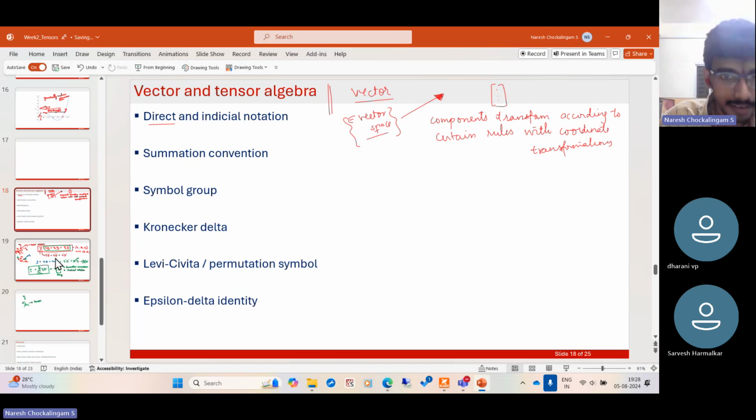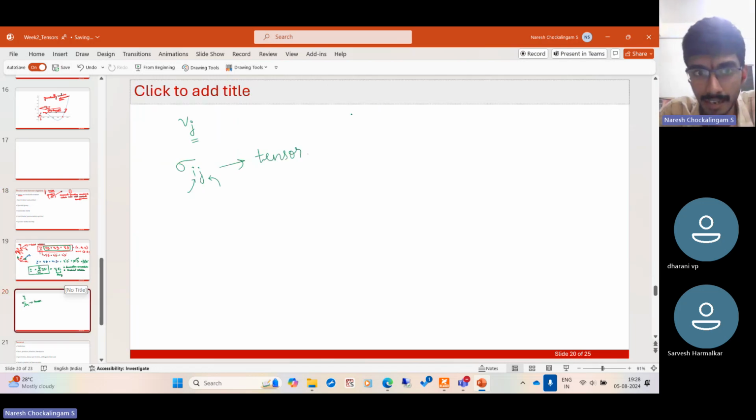In general, vectors, tensors, scalars, all are tensor quantities. So this is a rank 2 tensor. The number of indices denotes the rank or the order of the tensor, and conventional vectors are rank 1 tensors.